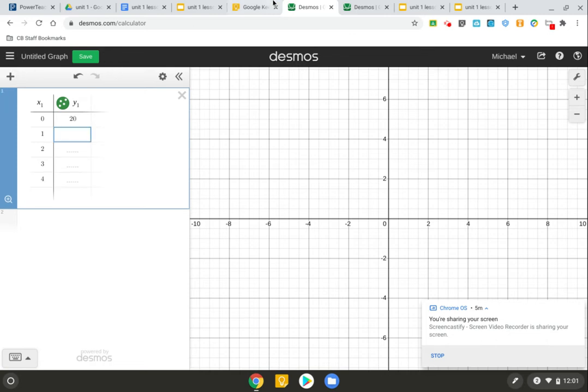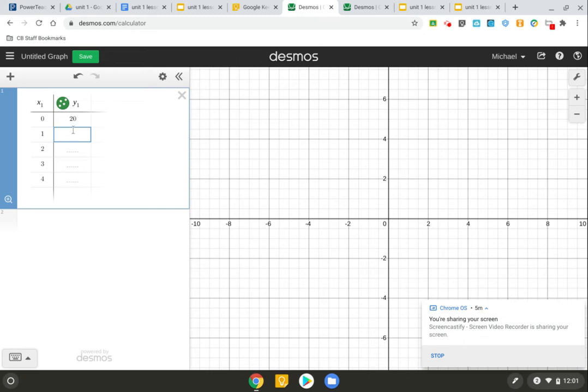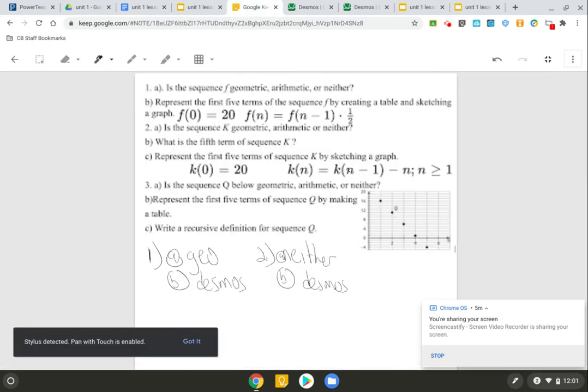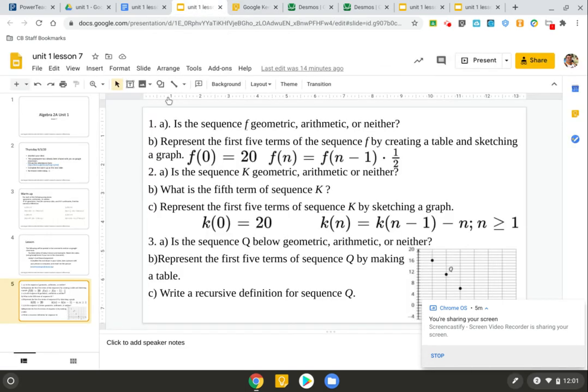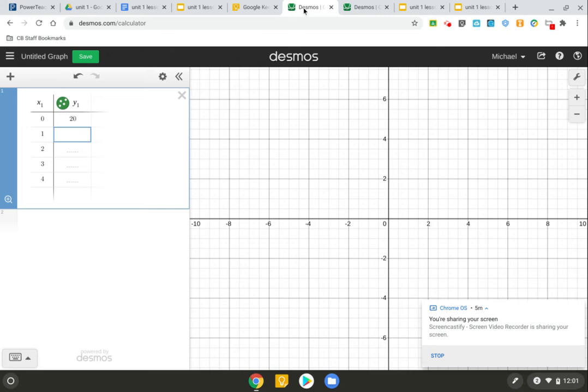If I want to find term 1, I need to take the previous term and subtract the term number. So 20 minus 1 is 19.